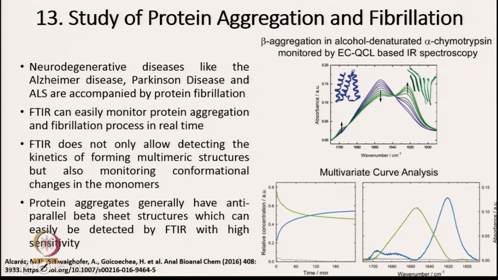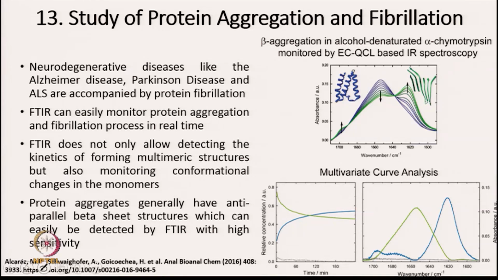Protein aggregation and fibrillation is important in context of neurodegenerative diseases like Alzheimer's disease, Parkinson's disease and ALS. These diseases are accompanied by protein fibrillation, and FTIR can be used to monitor the protein aggregation and fibrillation process in real time.